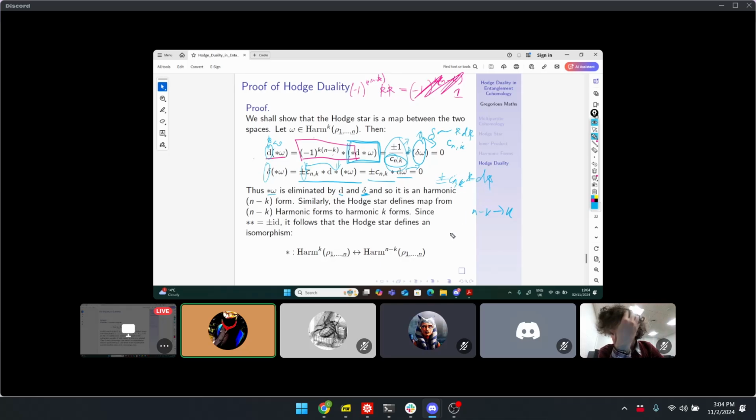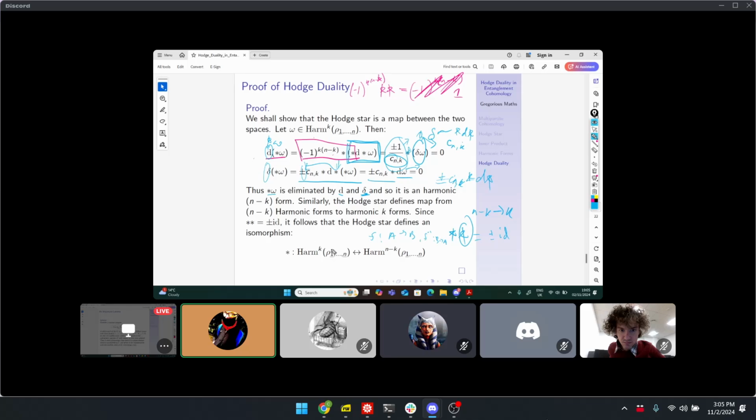And so because the Hodge star applied to itself is plus or minus the identity, it's going to be an isomorphism because it's its own inverse. All we need to do is plug in a sign and we have the inverse. And so any function which has an inverse, if we can define f from a to b and f inverse from b to a, then that's going to be a bijection between b and a.